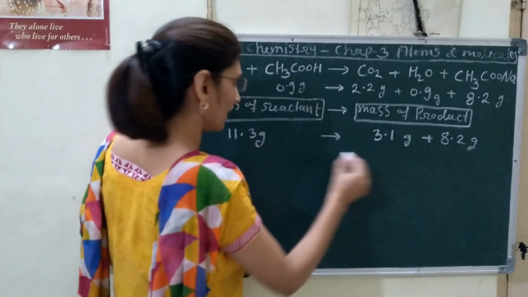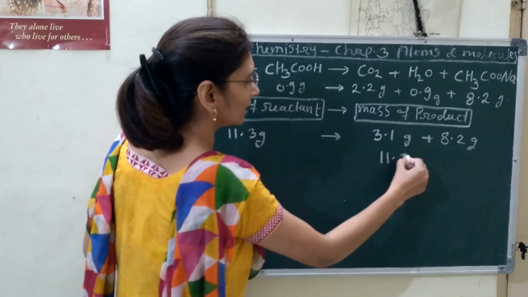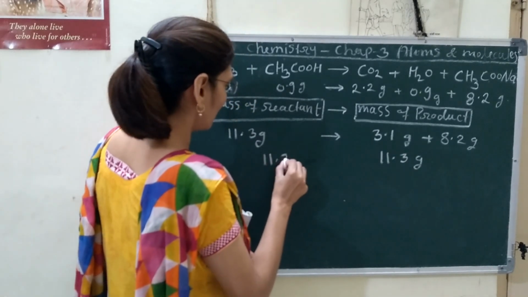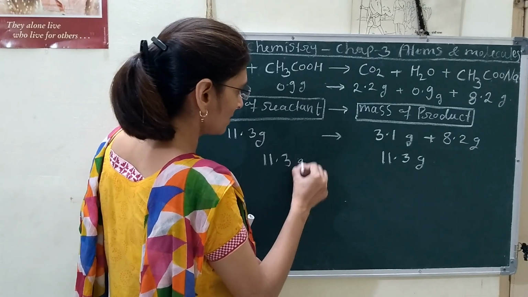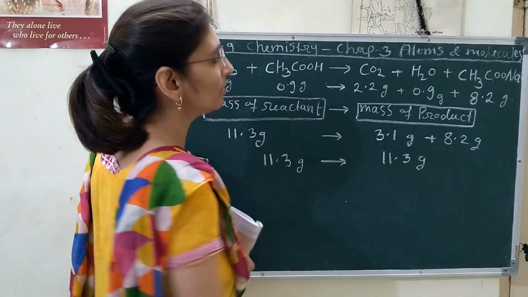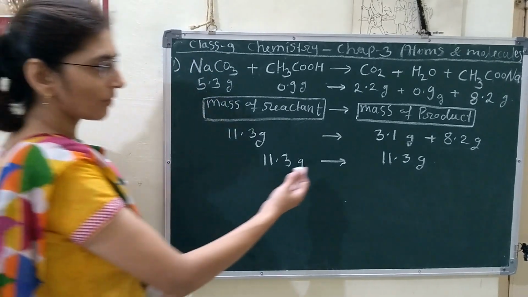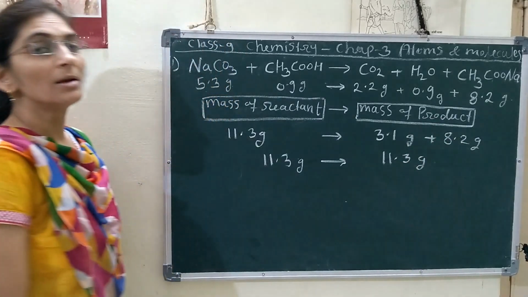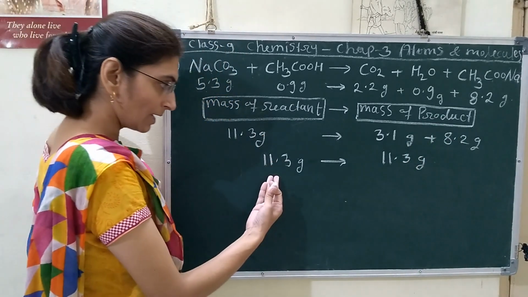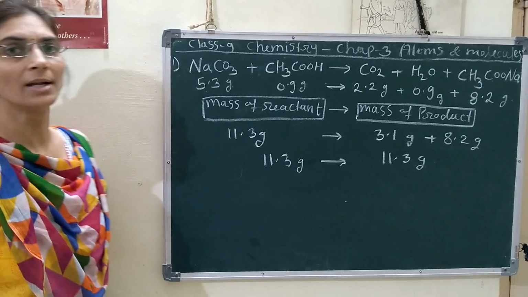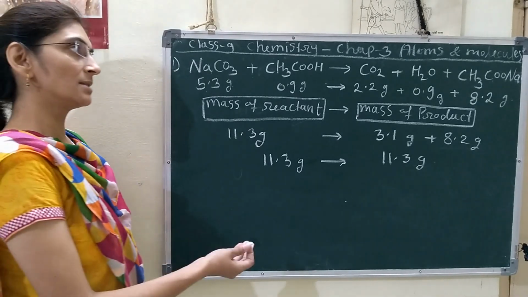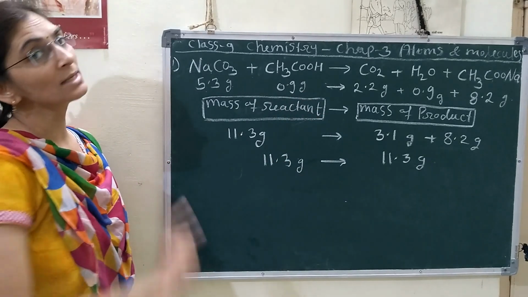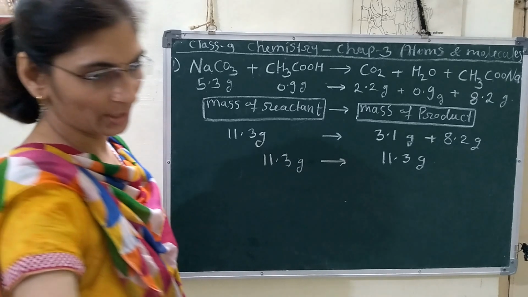Then combined we will get 11.3 gram also. At the left hand side, the side of reactant, the mass is the same, and at the product side also the same mass. From that we can prove the mass of reactant is equal to mass of product, meaning mass is neither created nor destroyed during this chemical reaction. Means we can say the first law of chemical combination is followed by this reaction, that is proved here.